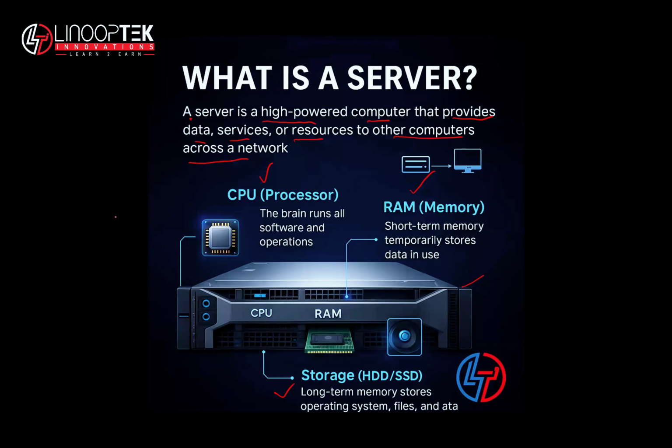So we were at the server. We explored each component of a server. We found out that the CPU basically executes all the software and programs. The RAM is a short-term memory that temporarily stores the data. And storage stores the data permanently, for example, operating system files and the data.